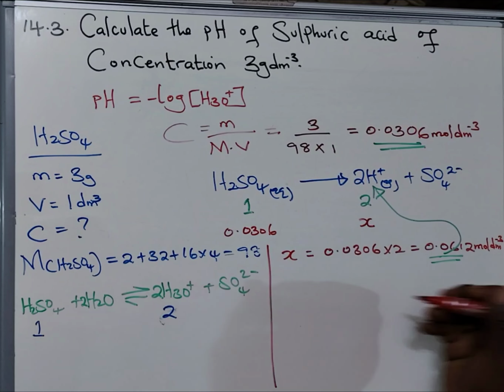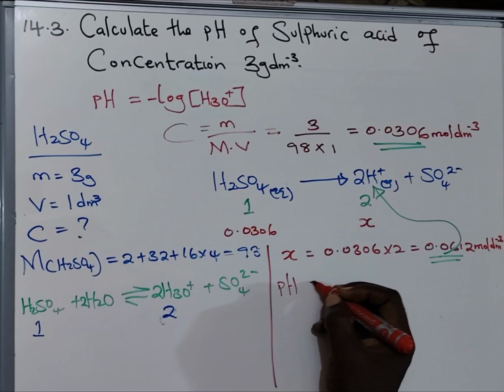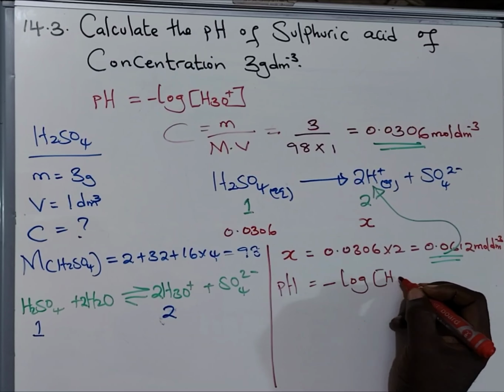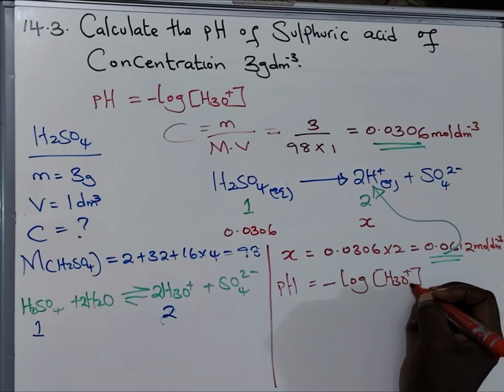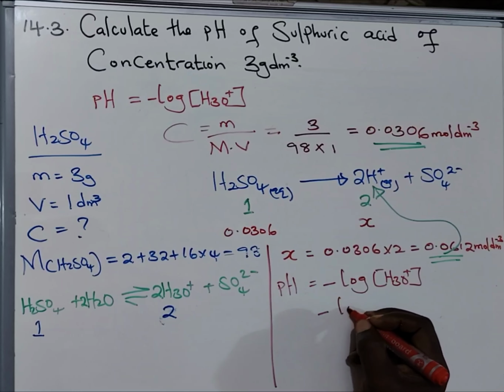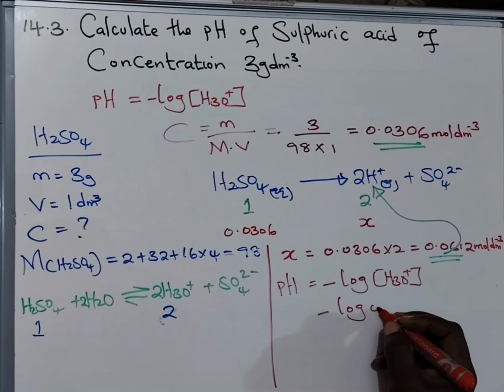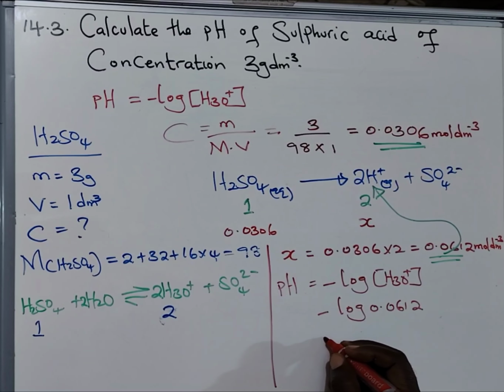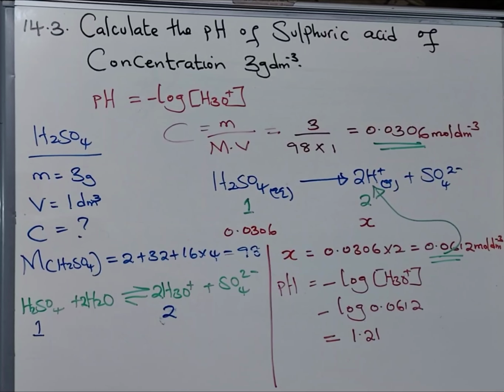From there, you can proceed and say pH equals negative log hydronium ion concentration. So what are we going to get here? Negative log 0.0612, giving us this as the pH of the medium, 1.21.